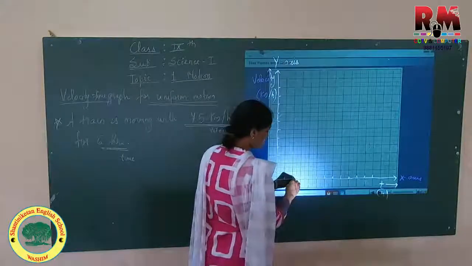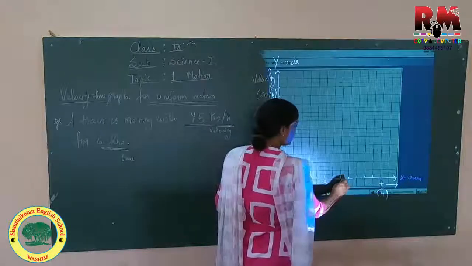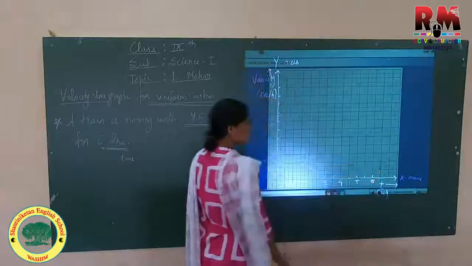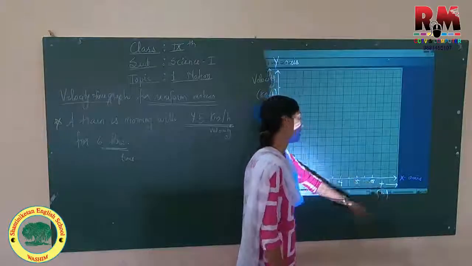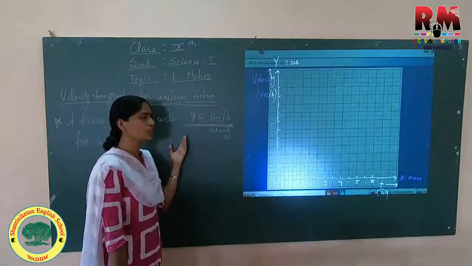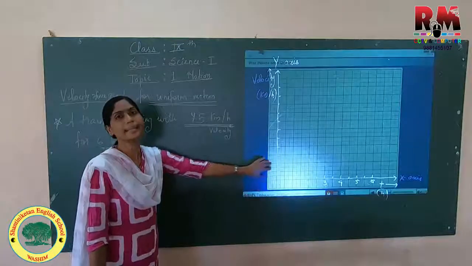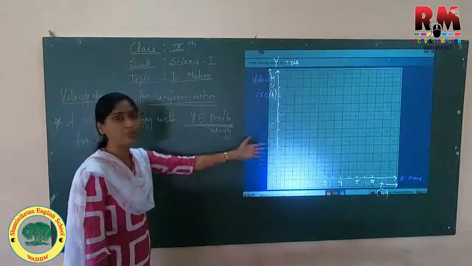This is 1 hour, 2 hour, 3 hour, 4 hour, 5 and 6 hour. And kilometer you may take according to your wish. You may take 5, you can take 10, you can take 15, whatever your wish is.